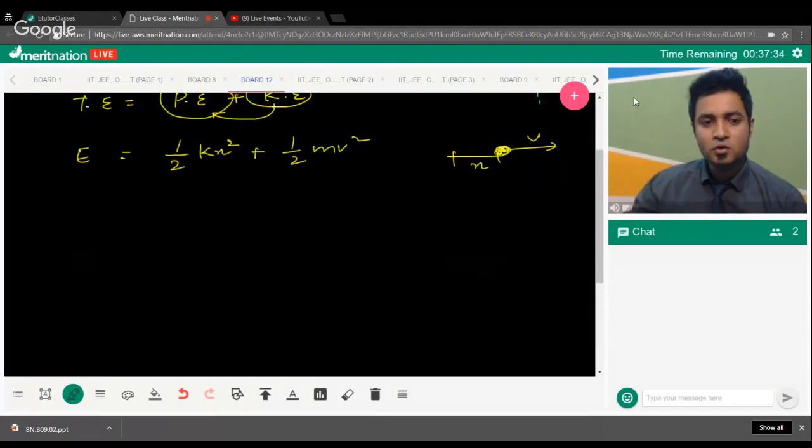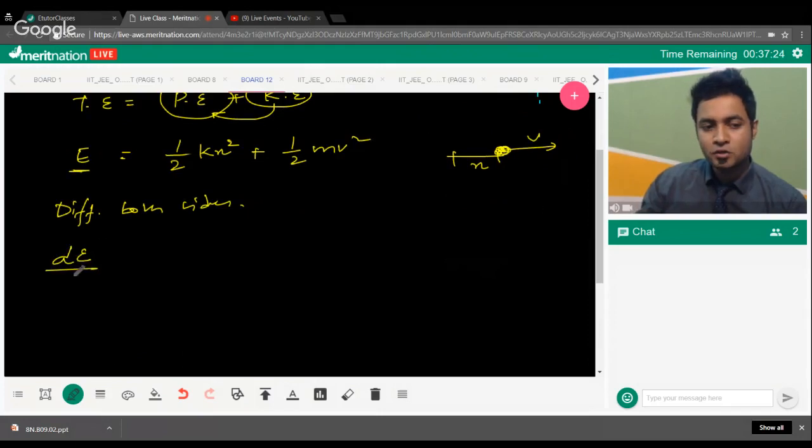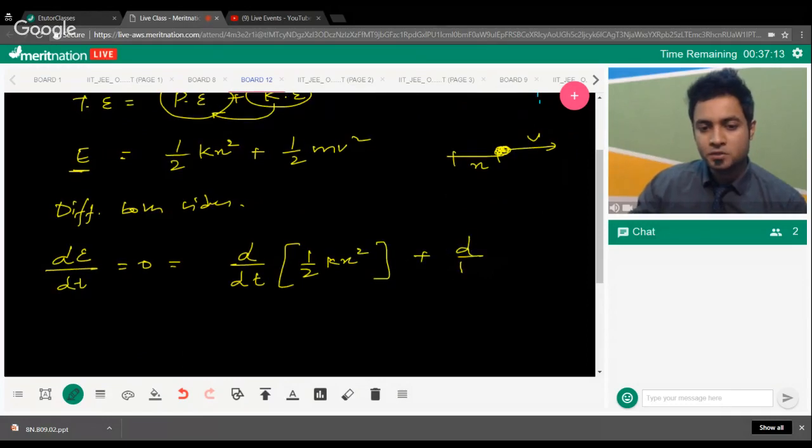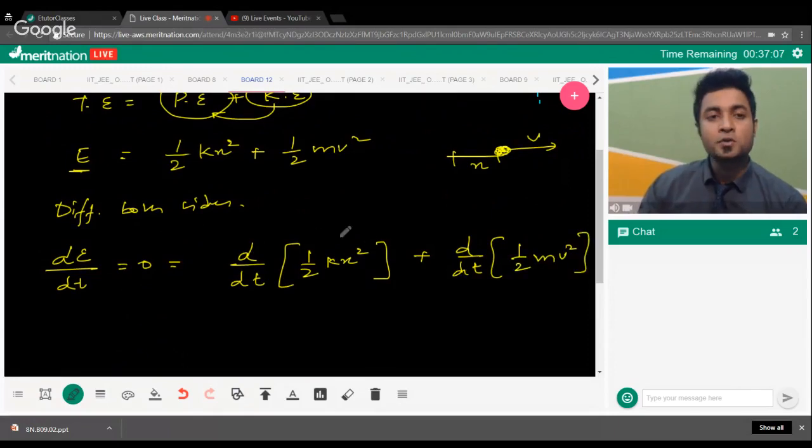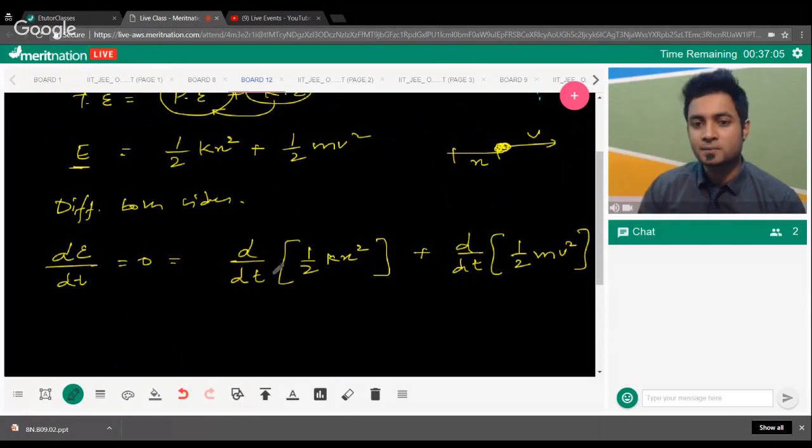Okay, so what I'm going to do is, I'm going to differentiate, right? As you know that this is a constant, so differentiation of this particular energy has to be 0, and that is equal to d upon dt of half kx square plus d upon dt of half mv square, meaning the differentiation of the potential as well as the kinetic energy, right?